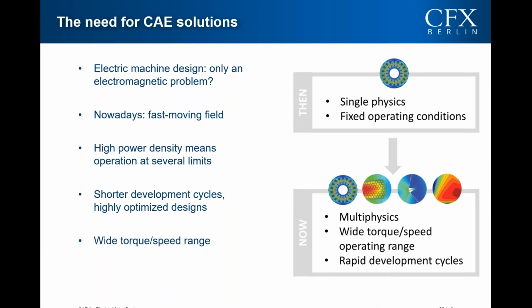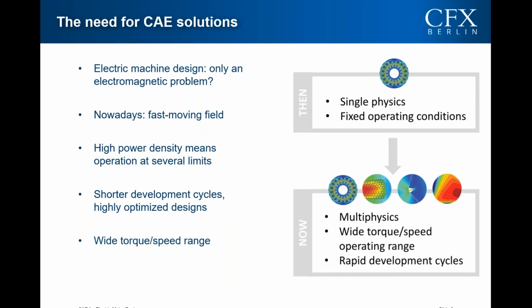In the past, electric machine design has been seen as only an electromagnetic problem. But nowadays, this is a fast-moving field, so the design approaches had to evolve to keep up. The high power density of modern motors leads to electric machine designs that operate at the electromagnetic, electrical, thermal, and mechanical limits.